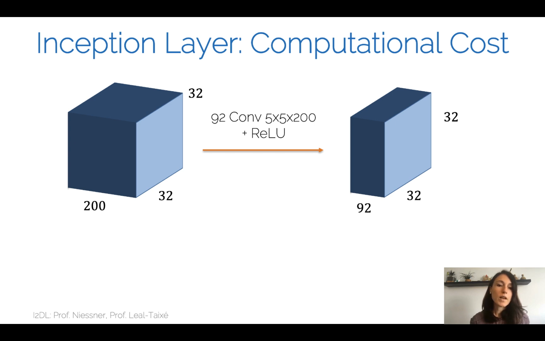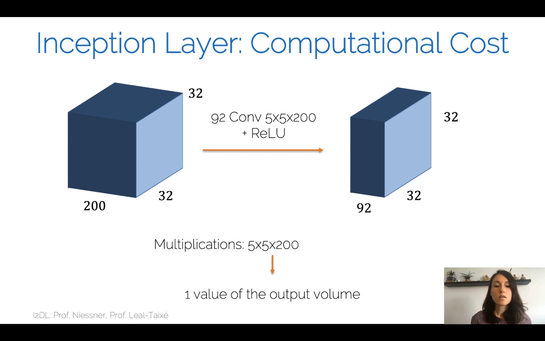Now, first of all, we have to realize that our filters are going to be 5 by 5 by 200 because the depth of our input is 200. So for one filter and one spatial location, we're going to have 5 by 5 by 200 multiplications, just for placing the filter in one position of our input.